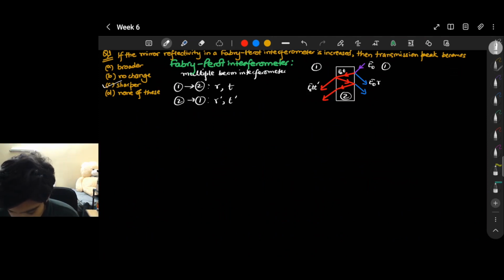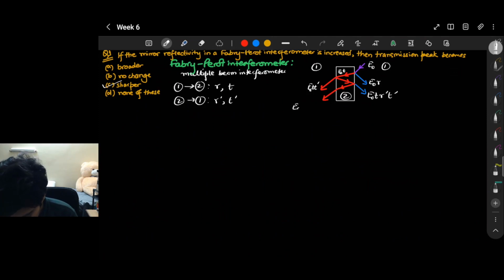So again, this would be E naught T, then E naught T R prime over here, and then T prime again. So this is E naught T, then R prime, this is reflection, this part, and then coming back out T prime. And then for this ray, it will be E naught T, then R prime, then another R prime, so R prime squared, and then T prime.